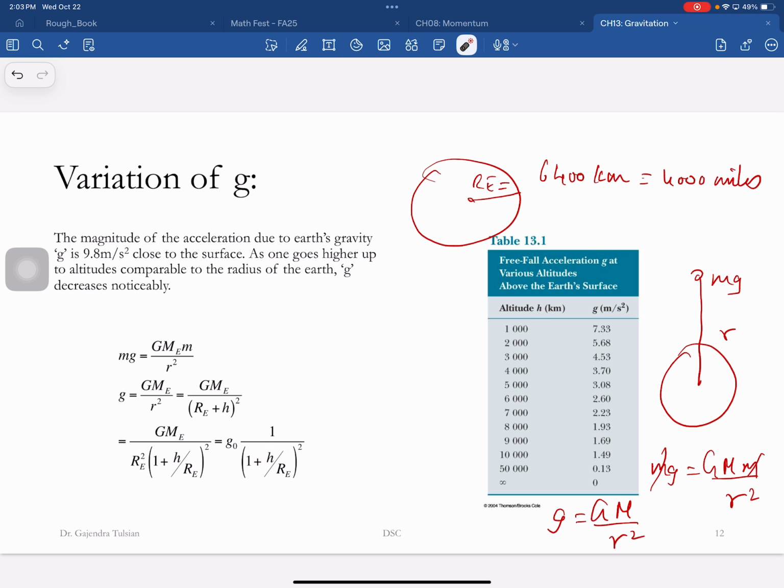Here's g given in terms of that. When h is 0, this would be g naught, on the surface of the Earth, 9.8 meters per second squared. And here is the calculation for various heights. The radius of the Earth is about 6,400 kilometers. So if you're about 6,000 kilometers above, g has reduced to 2.5 meters per second squared.